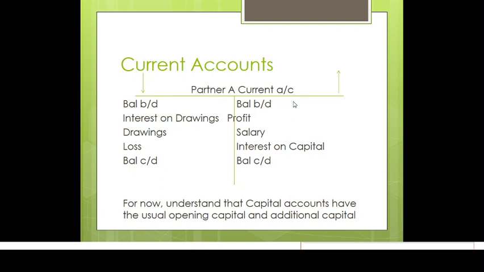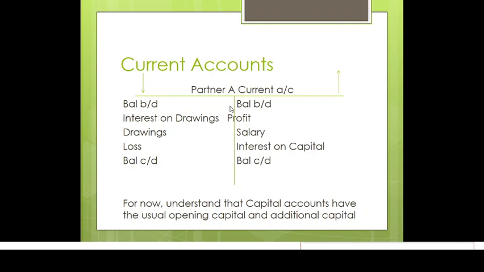This is a bit like a bank account. With a bank account, you can either have money in the bank or you can have an overdraft. With a current account, you can either have a positive or a negative balance.